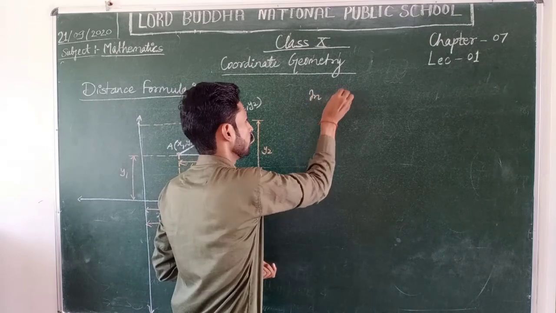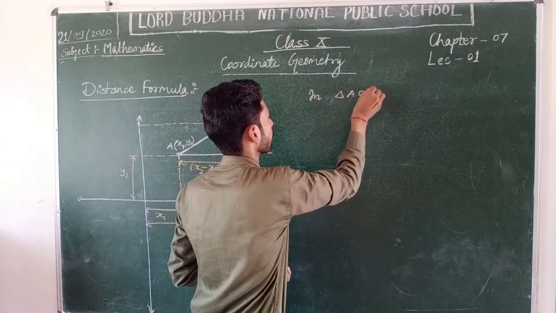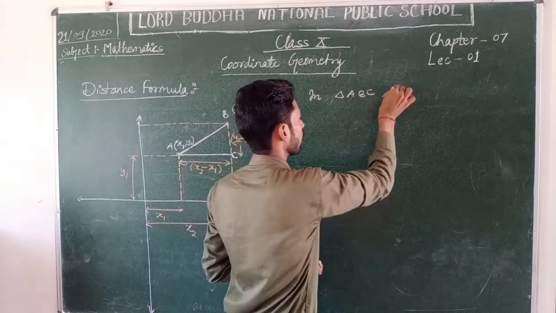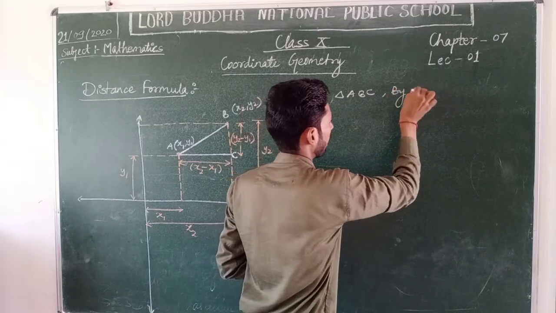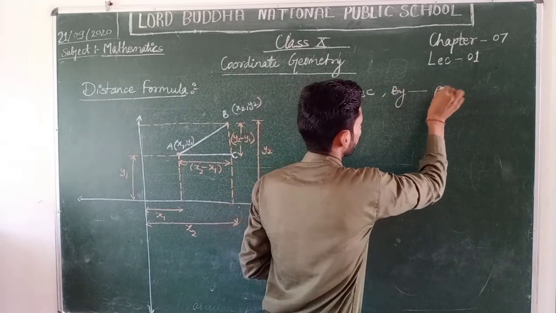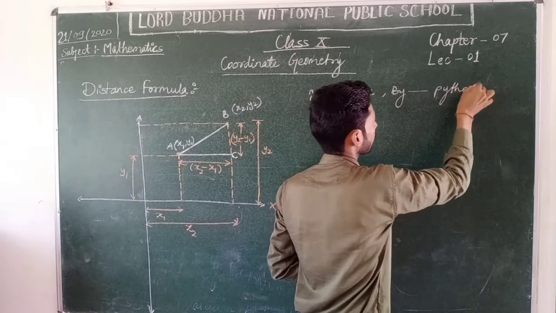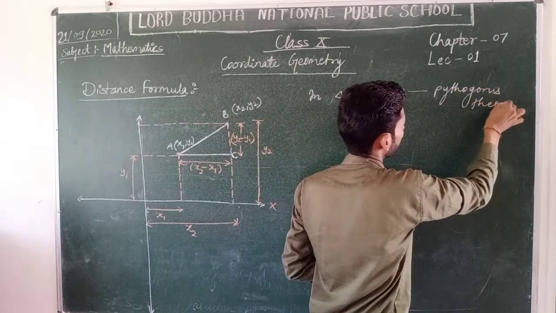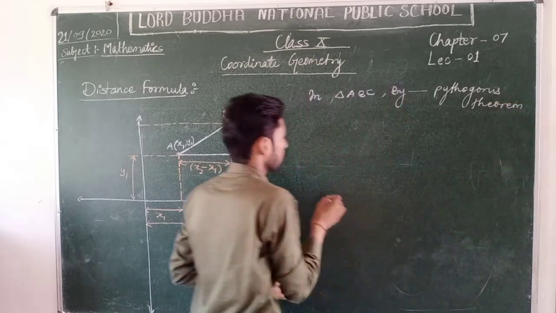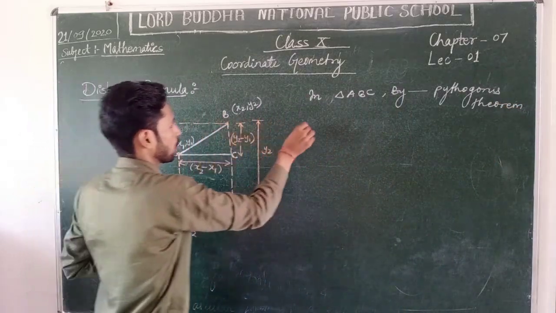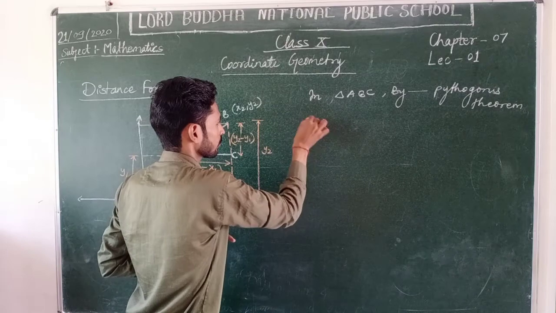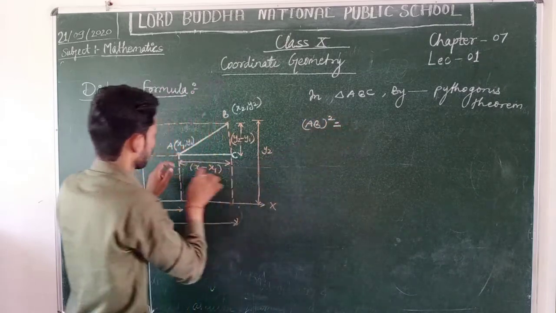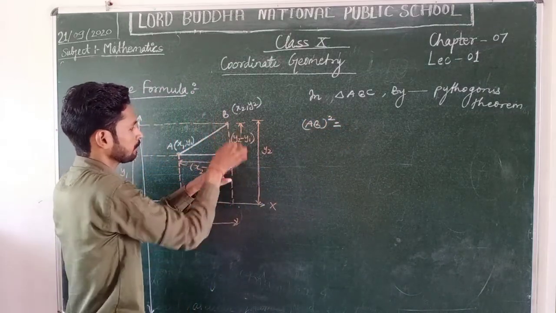Now in triangle ABC, by the Pythagoras theorem, AB square equals AC square plus BC square.